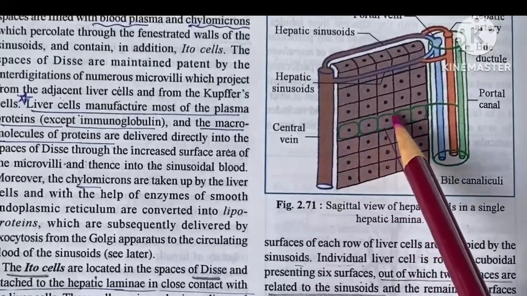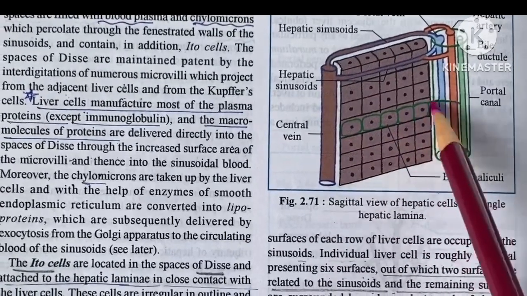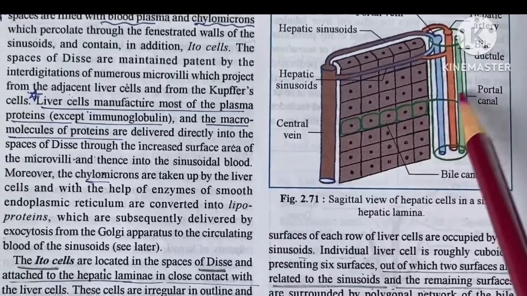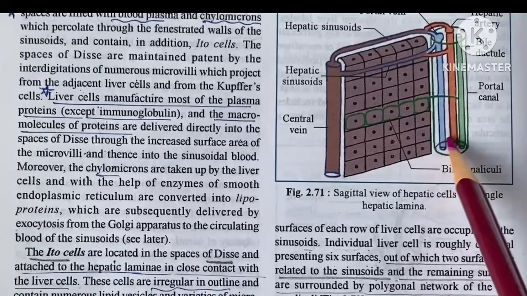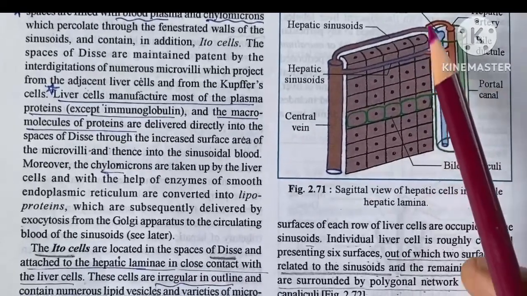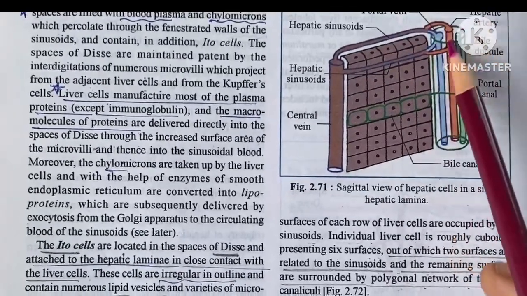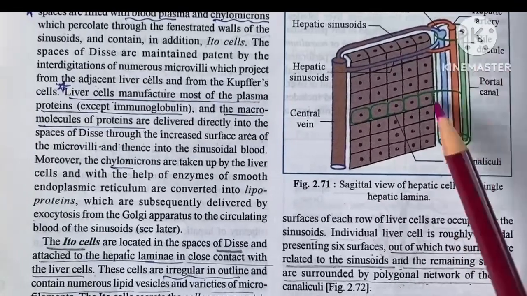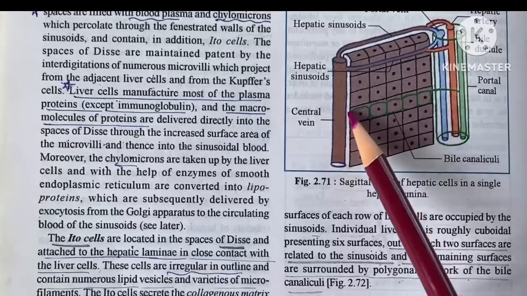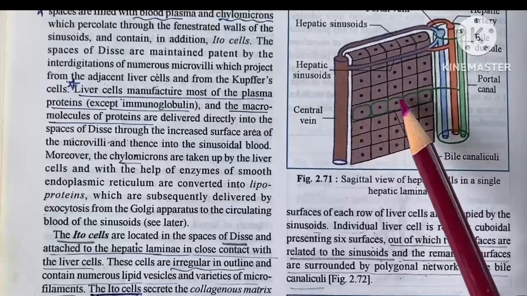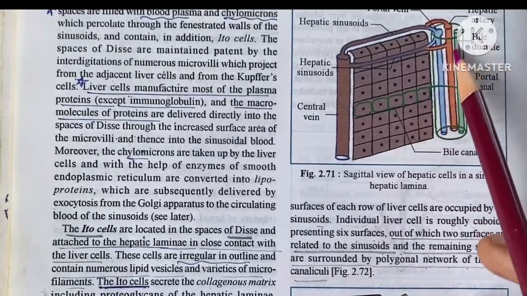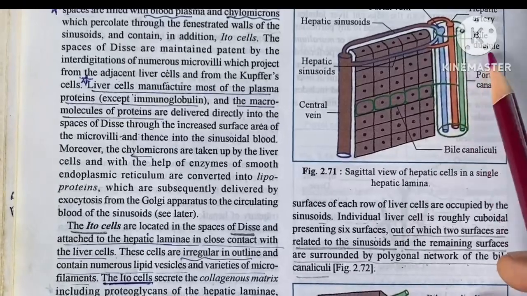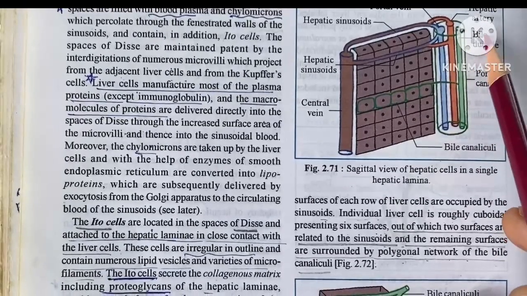Here is the portal canal or portal triad. It contains the portal vein, hepatic artery and bile duct. So the liver cell secretes the bile, the bile canaliculi unite and form the bile ductules, and these bile ductules unite to form the bile duct.